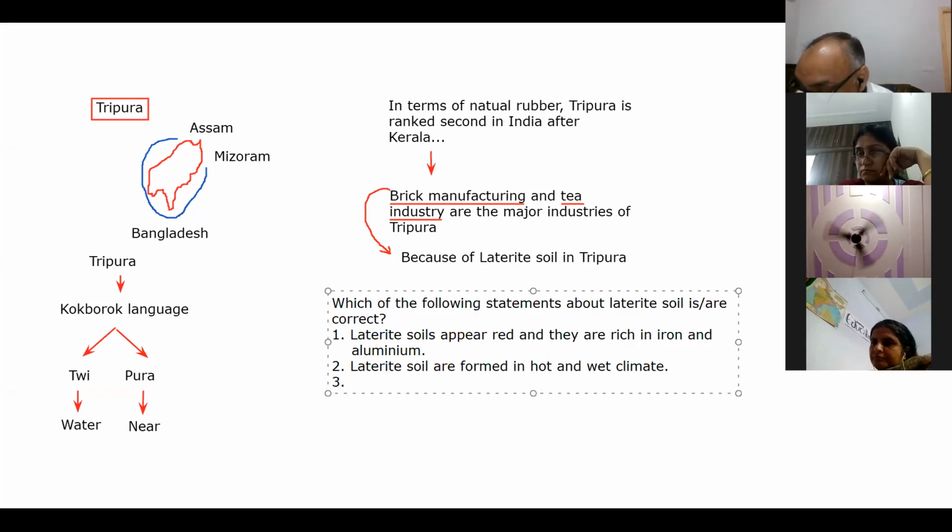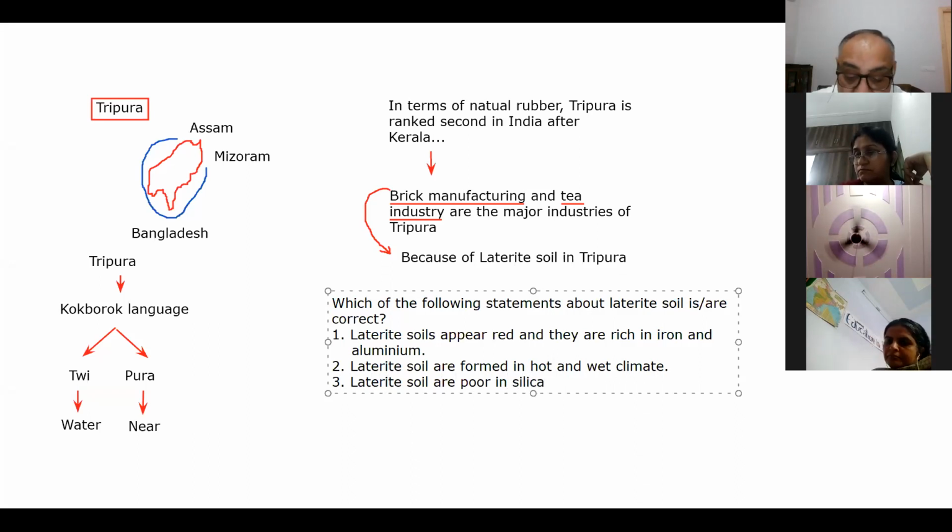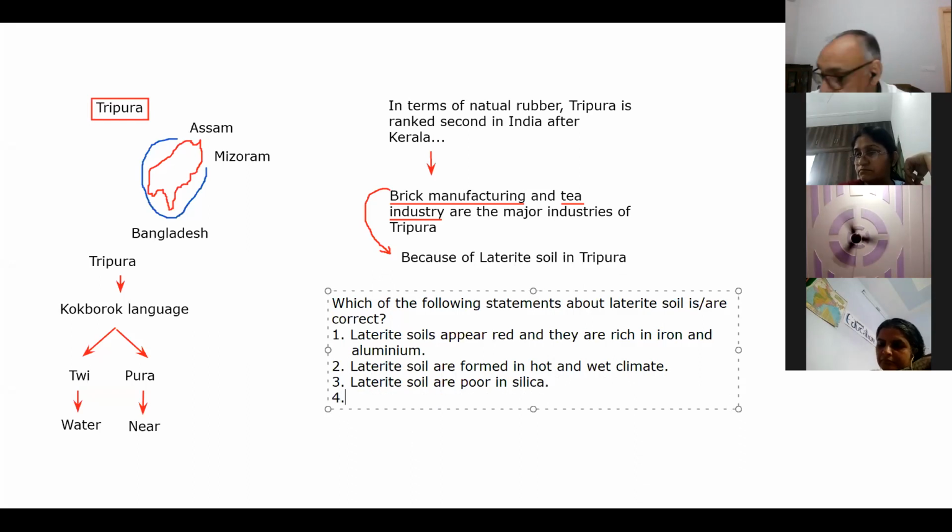So this is the second. And third, laterite soils are poor in silica.